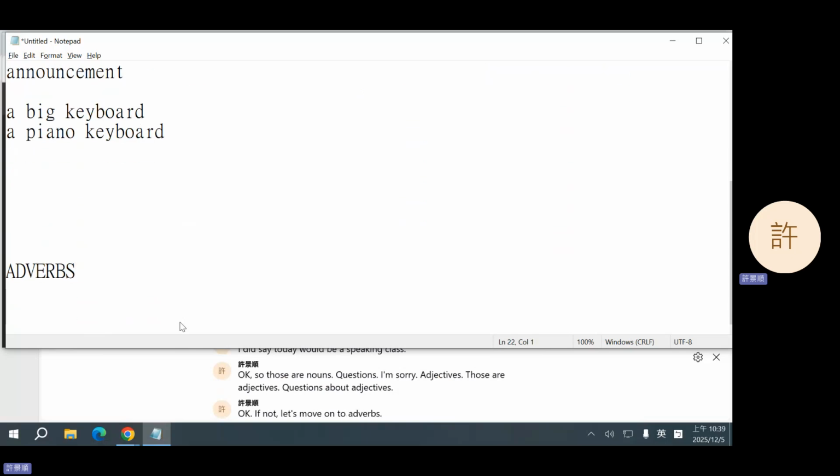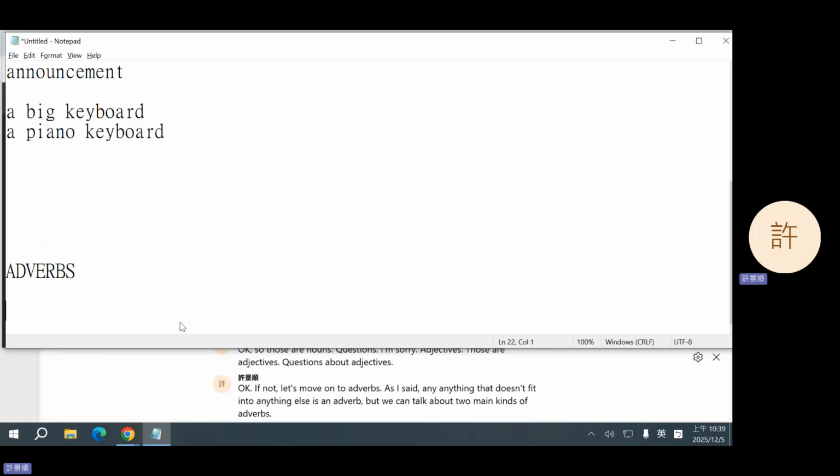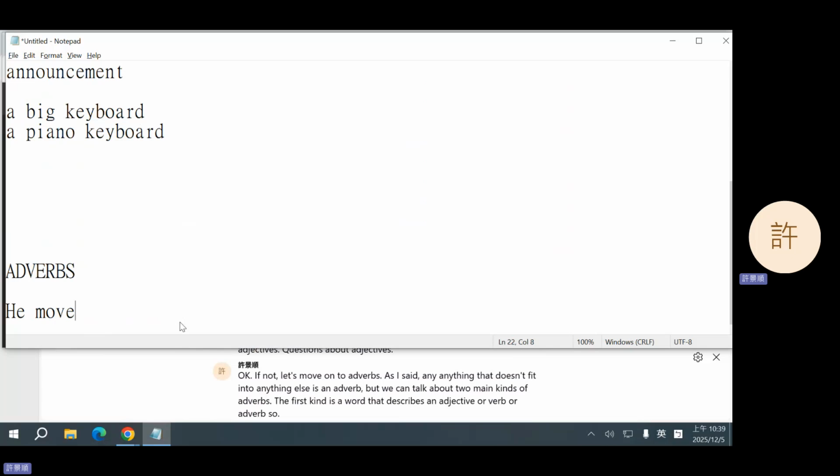As I said, anything that doesn't fit into anything else is an adverb, but we can talk about two main kinds of adverbs. The first kind is a word that describes an adjective or verb or adverb. So he moved quickly through the room.